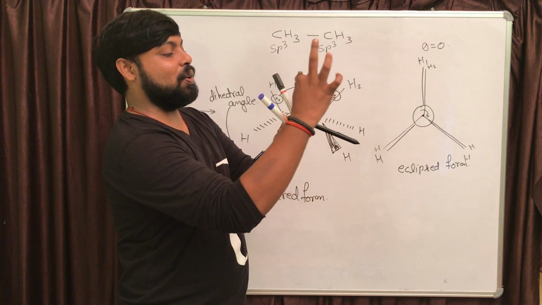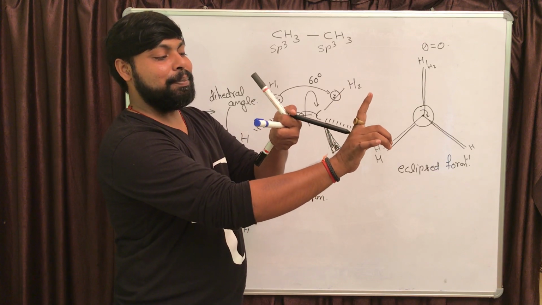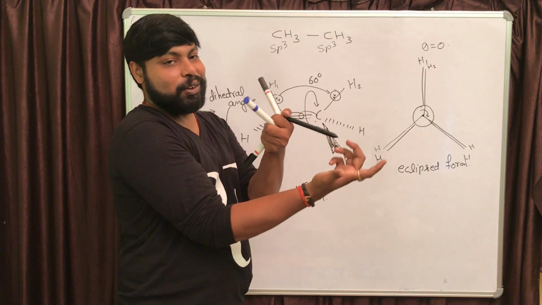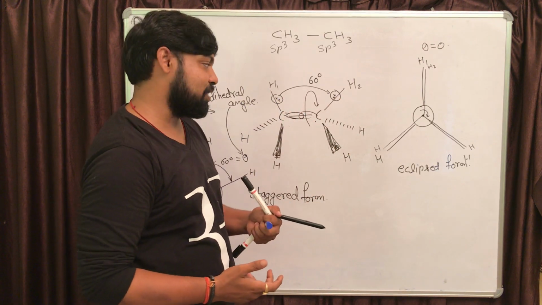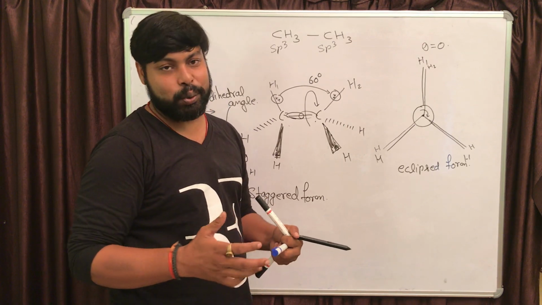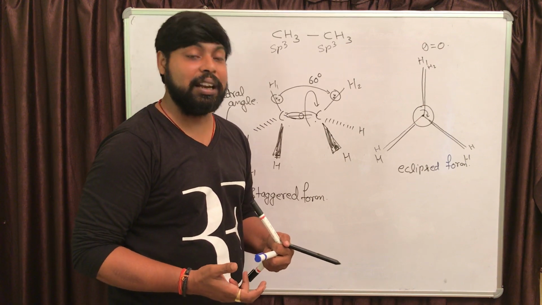So the bond pair electrons are at their minimum distance, right? And these are of course electrons here. If these are electrons, then definitely they are going to cause repulsion. And if repulsive forces are acting, energy is going to increase. And if energy is increased, stability is going to be less.